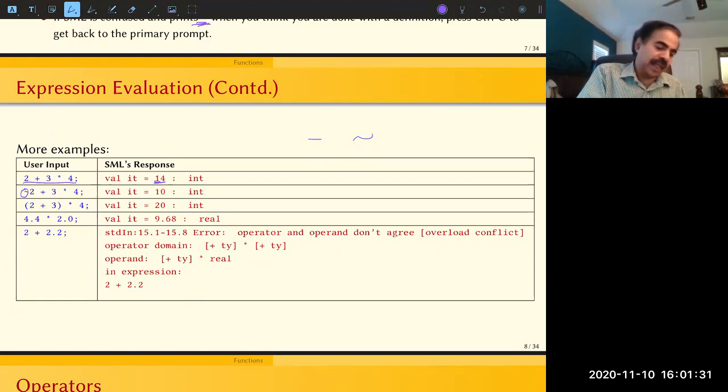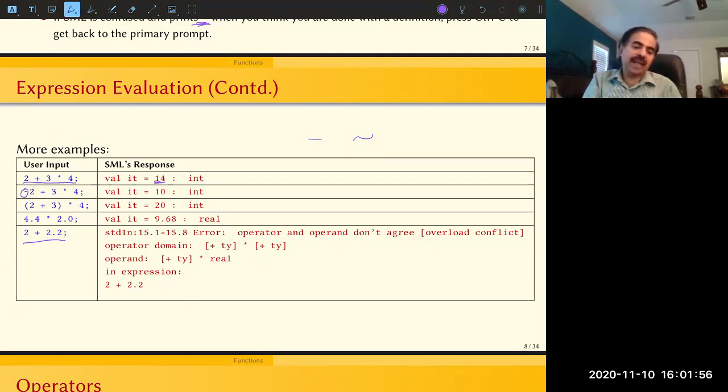So there are going to be times when you are going to get error messages, right? So when you say 2 plus 2.2, okay, it gives you this long error message. Often when you learn a new language, the biggest challenge is understanding these error messages, which often are very long, right?